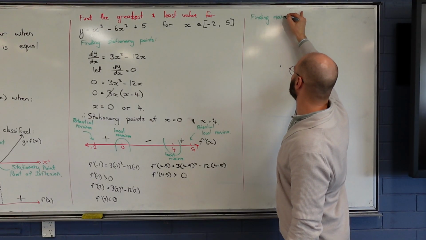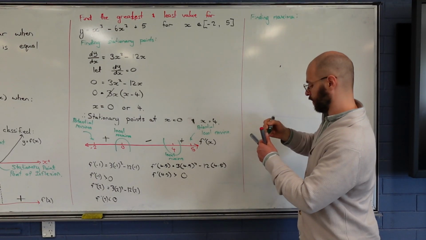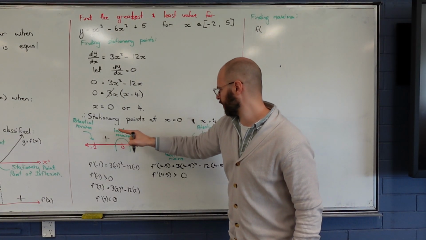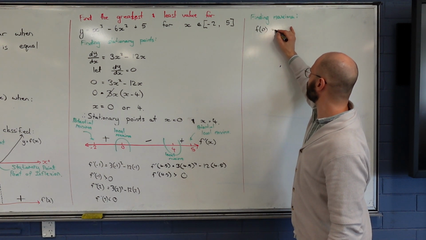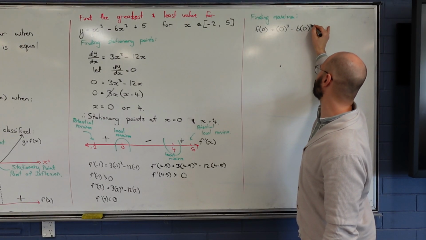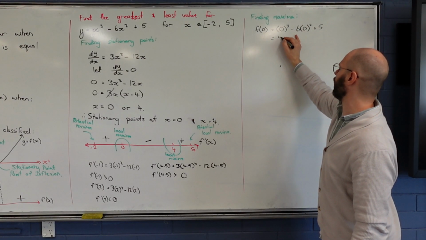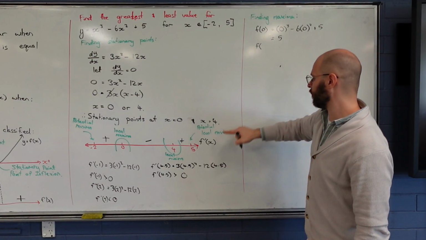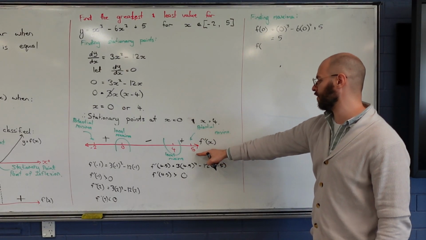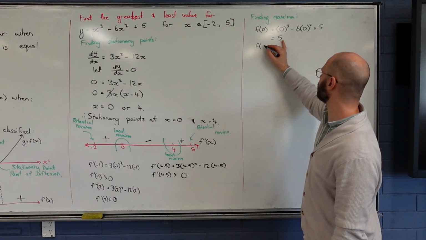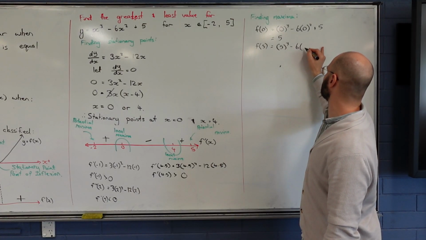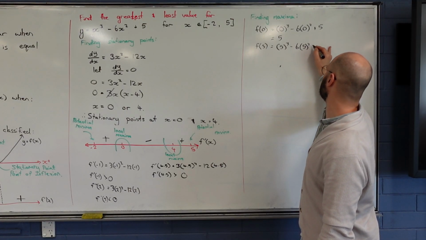This is where I'm going to need you guys to help me out. We're going to pick f of 0. That's going to be 0 cubed minus 6 times 0 squared plus 5, which is just 5. Next, we have f of the potential maxima, which is at 5. 5 cubed minus 6 times 5 squared plus 5.